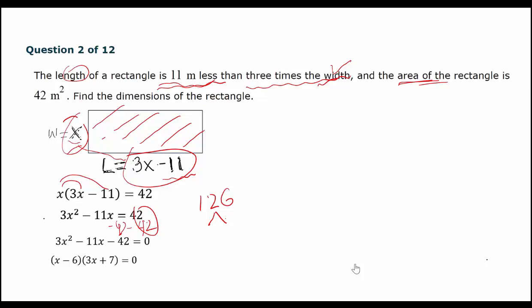So if we do all the listing, 2 times 63 is 126. If we use 3, we get 42. 3 times 42 is 126.